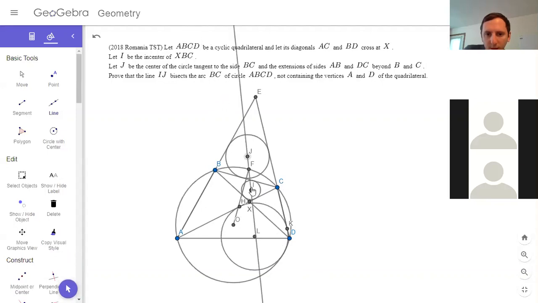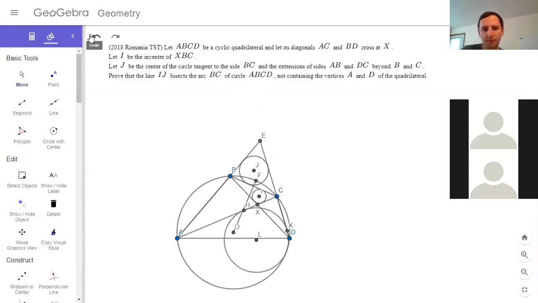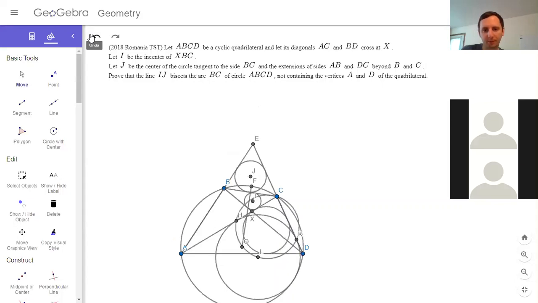So G, yeah, no, I don't think G is where it touches the circumcircle. I don't think G is the tangency point of the mixtilinear incircle. Let me erase some stuff. Undo all that.